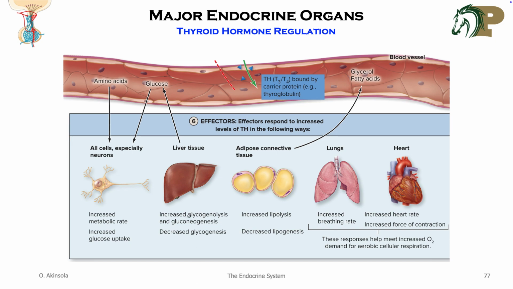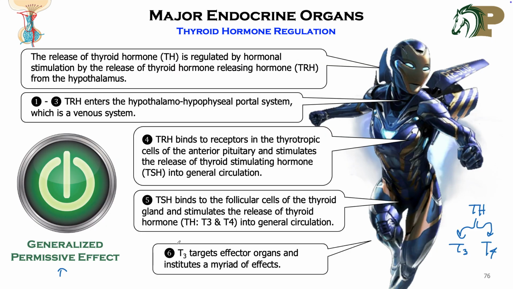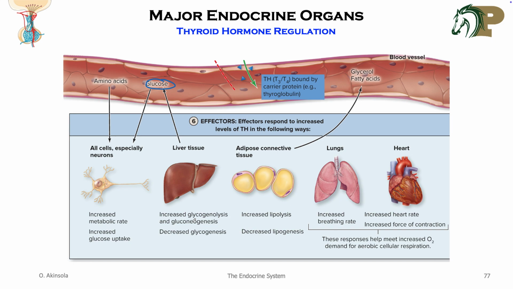Both of these things collectively will lead to increased glucose levels, because when you break down glycogen, you get glucose, and when you form new glucose, you get glucose. Also, decreased glycogenesis, formation of glycogen. So decreased formation of glycogen, increased breakdown of glycogen, and increased formation of new glucose will lead to increased levels of glucose.